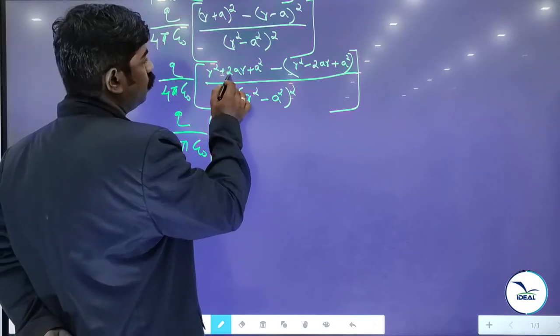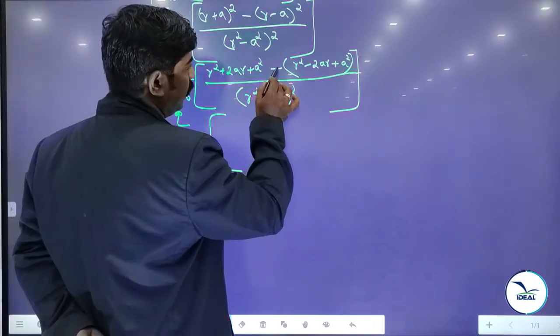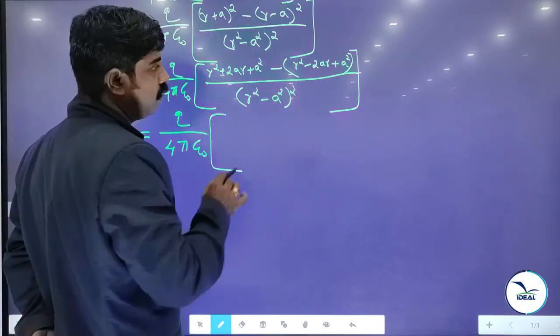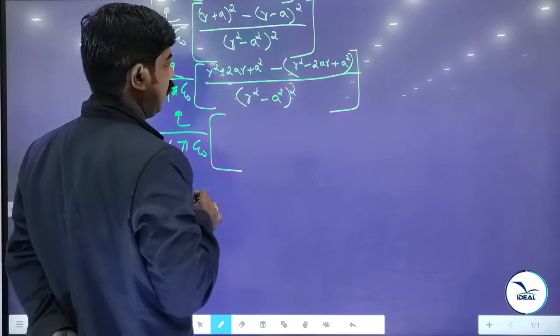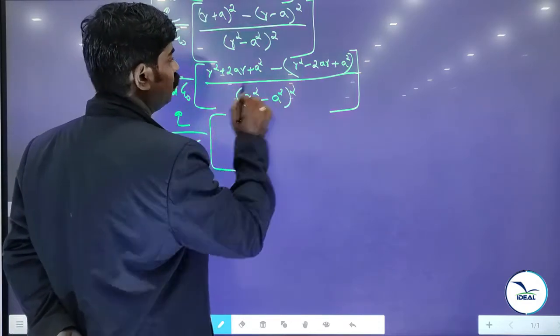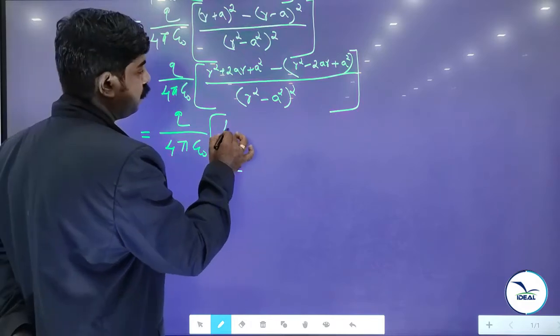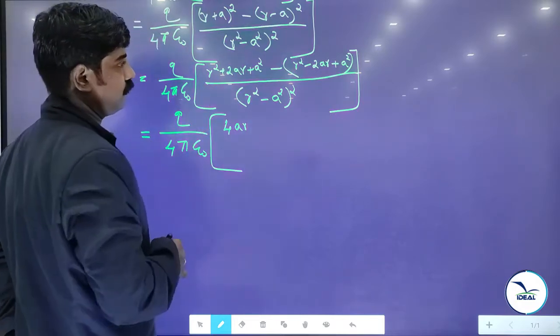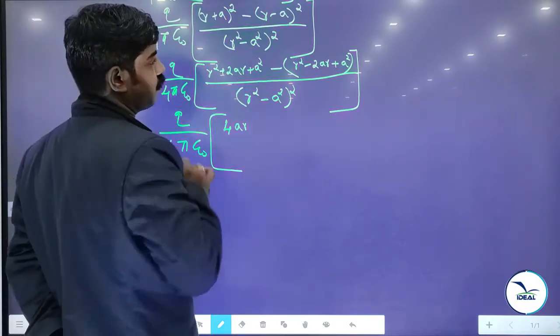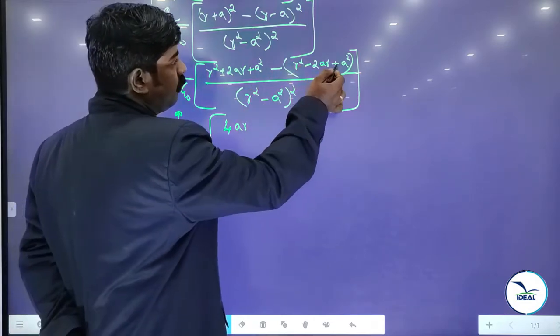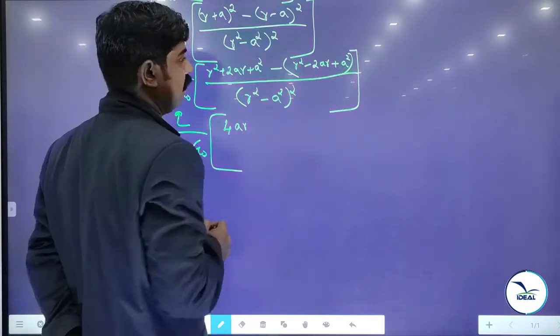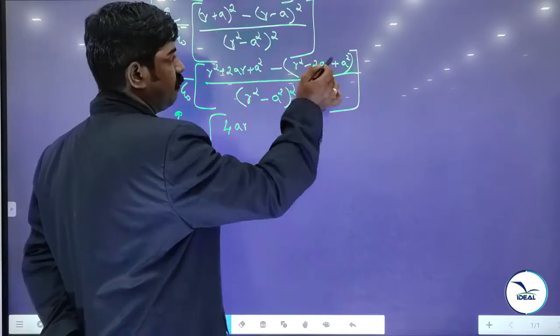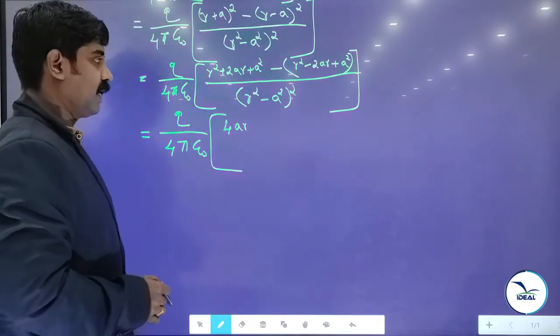And again 2ar is there, here minus minus plus 2ar. So 2ar plus 2ar, then it is 4ar. Then here plus a square is there, and here minus a square, so that becomes cancelled.